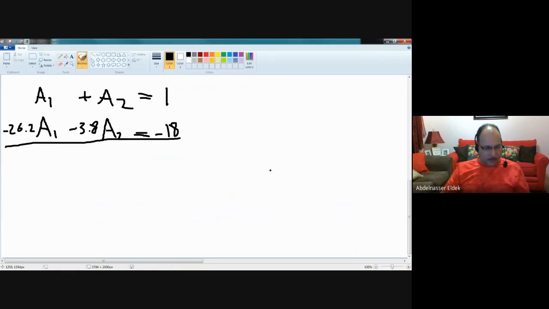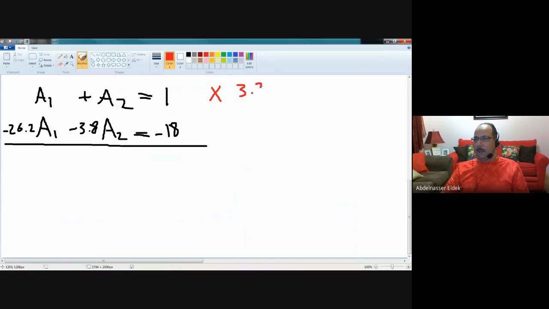You can solve them using any method. You can use Cramer's rule, or you can multiply this equation by 3.8, because then the 3.8 factor will cancel when you add.